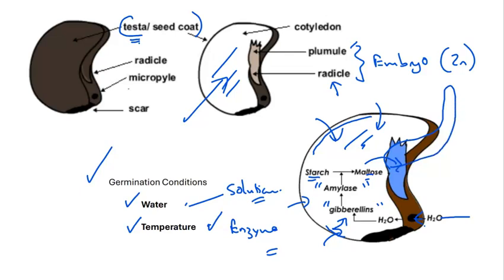And of course, the embryonic root will grow downwards in a tropic response down into the soil, where it will be able to harvest further nitrates and phosphates to support the growth of the embryo. So that's a simple outline of the process of germination.